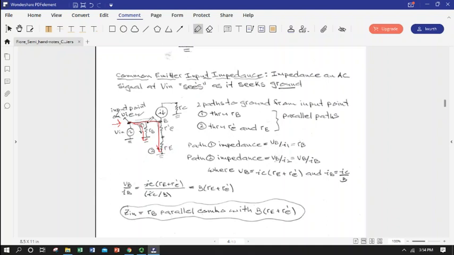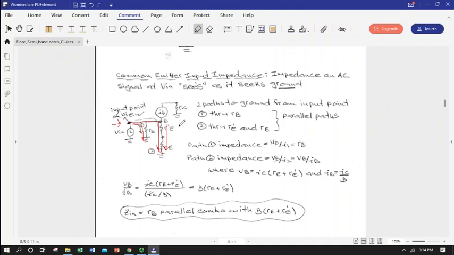It's going to be the voltage at this point, which is the voltage at the base, divided by whatever current flows through the base, or flows through this resistor, Ohm's law again. And the path 2 impedance is the voltage at the base divided by whatever current is flowing through both of these resistors.